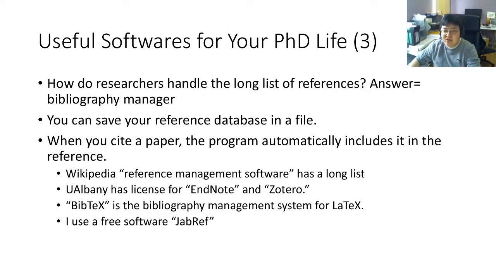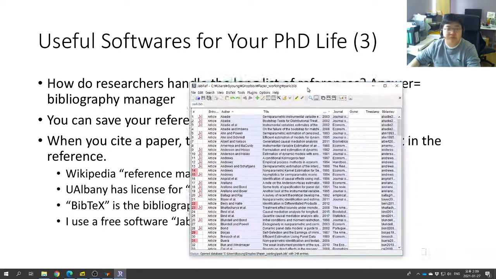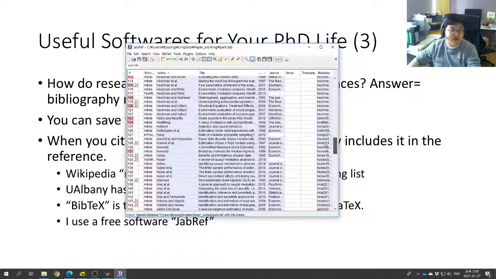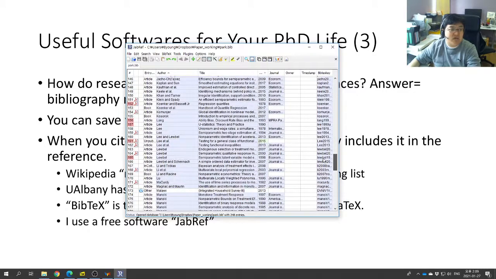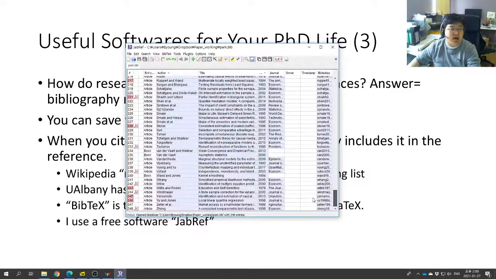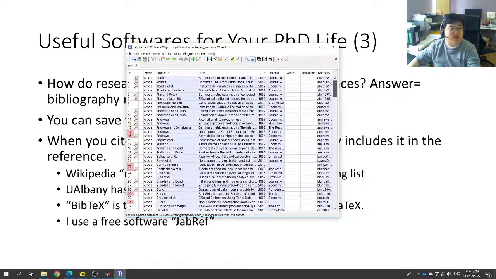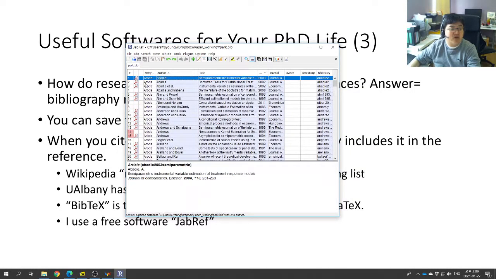So I will show you my database. This is the list of papers that I read and cited in one of my papers. What's interesting here is if you have a database, then you can link a file to it.